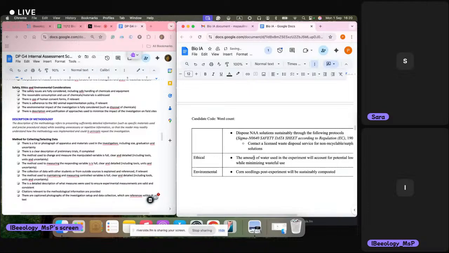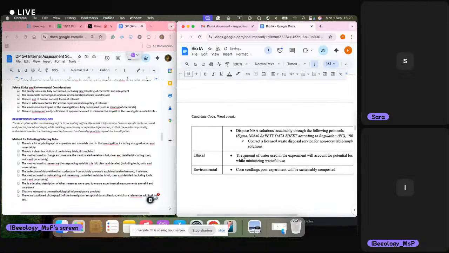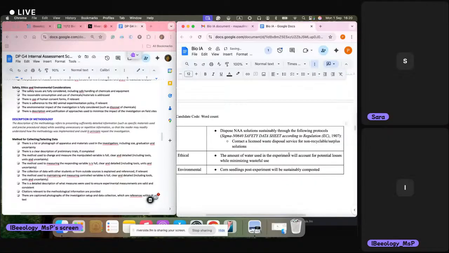Ethical, meaning the amount of water used in the experiment, is actually more of sustainability, right? Sustainability is more of an environmental issue. Ethics is more of, are you hurting anyone? Is there anything that has been killed in this experiment? Plants. Do they count?